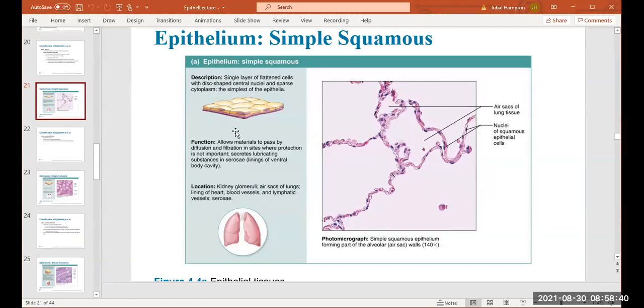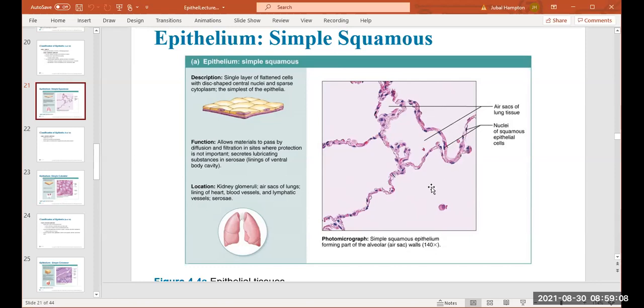So up on the screen, here's an example of the simple squamous. We see this in the lungs making up the alveoli. The alveoli are small balloons within the lungs that form the structures through which gas exchange occurs between these air sacs and the overlying capillaries.